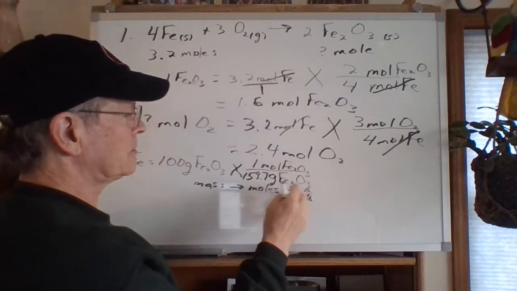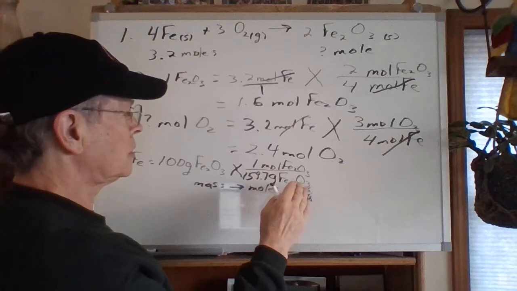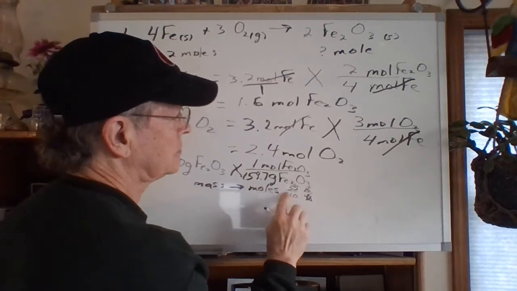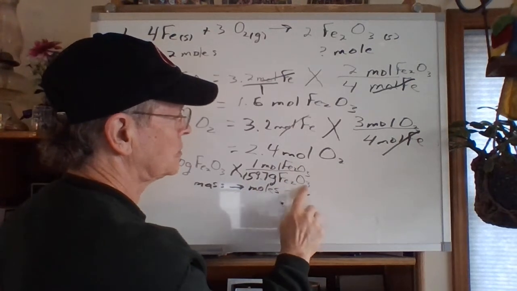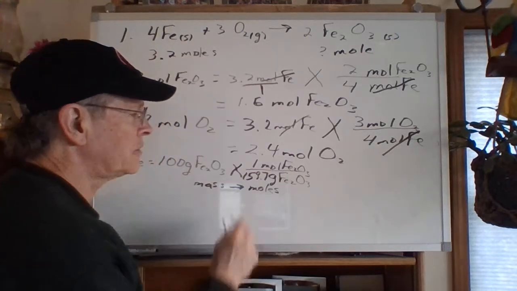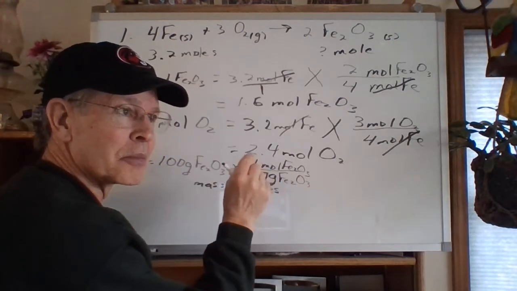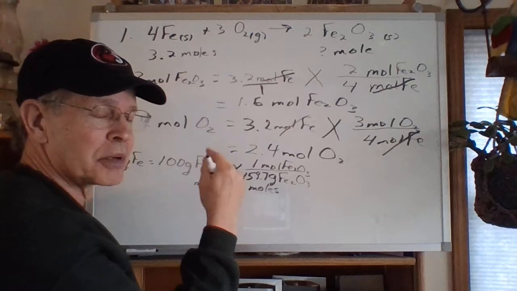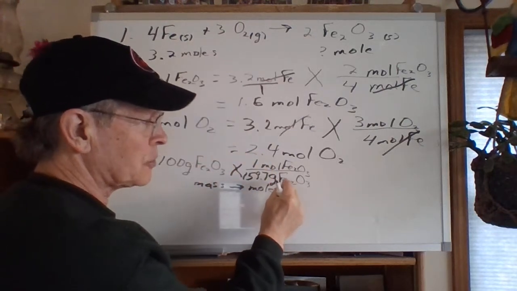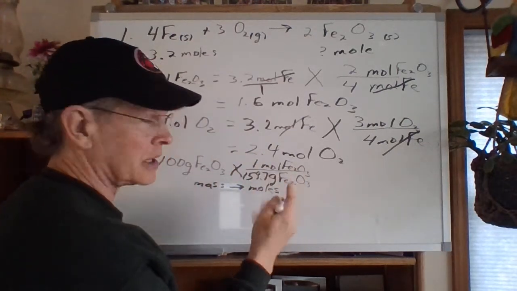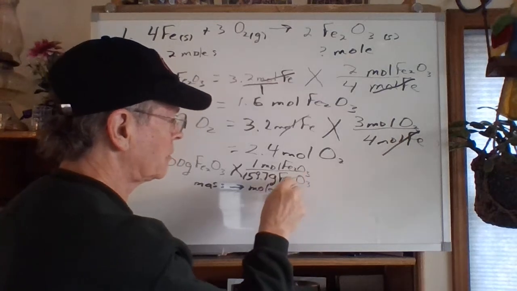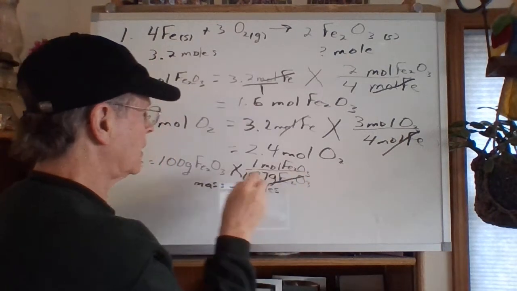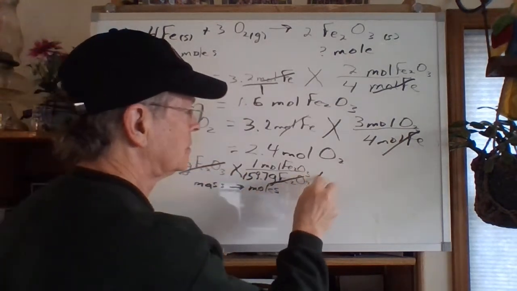Add all that together, you get 159.7. That's from adding the masses off the periodic chart, 2 irons and 3 oxygens. Okay, we've gotten rid of the unit grams of iron oxide.